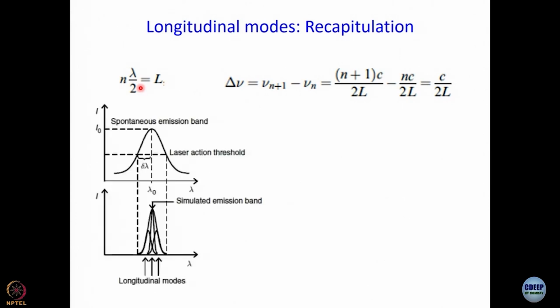And this is another thing we said: if you think of the spontaneous emission spectrum and the stimulated emission spectrum, we discussed why the stimulated emission spectrum is narrower. Let us say the laser action threshold is somewhere here, about at half the intensity. If the half width at half max is delta lambda, then delta lambda is going to be the half width at the base of the stimulated emission band.